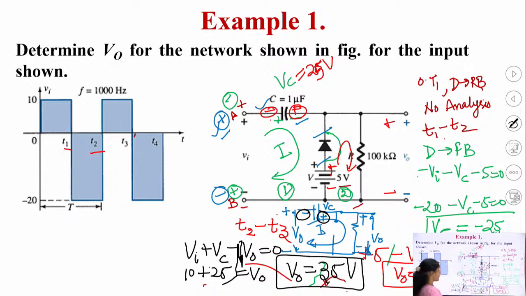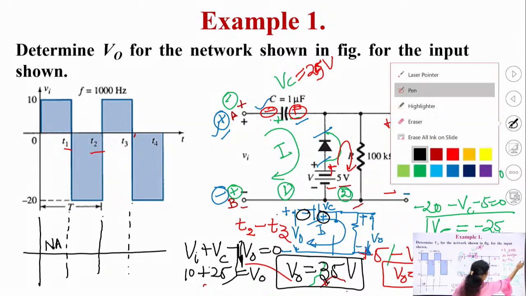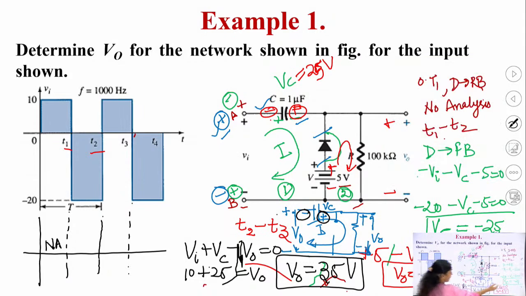So, if I try to draw the output voltage in this case, how would I draw it? For 0 to T1, I will write no analysis. You need not draw anything, just write no analysis. Now, for T1 to T2, the value is plus 5 volt, so I will mark here plus 5. Now, T2 to T3, it is plus 35, so I have to draw this plus 35.